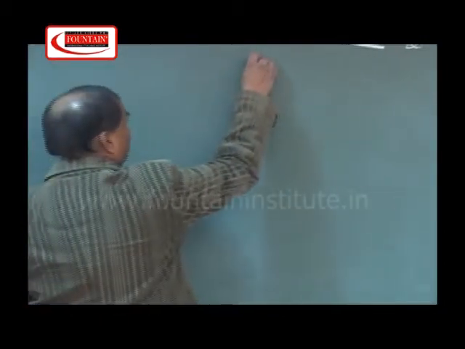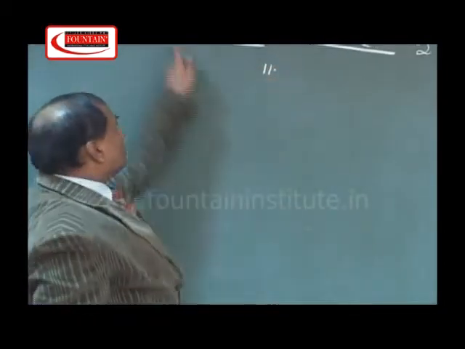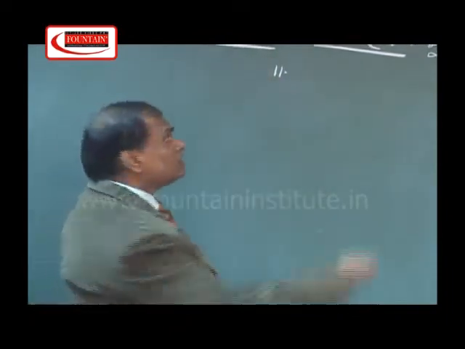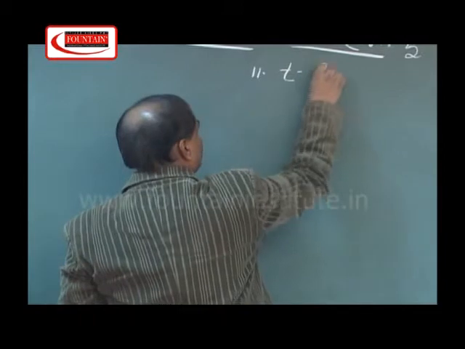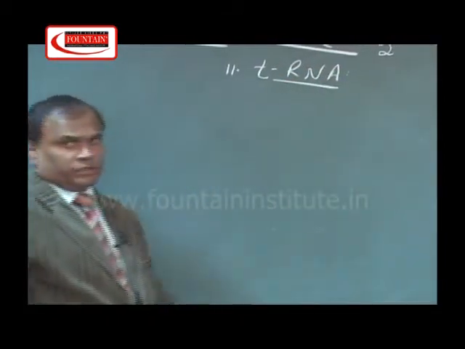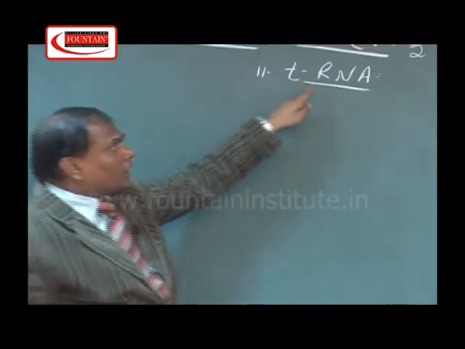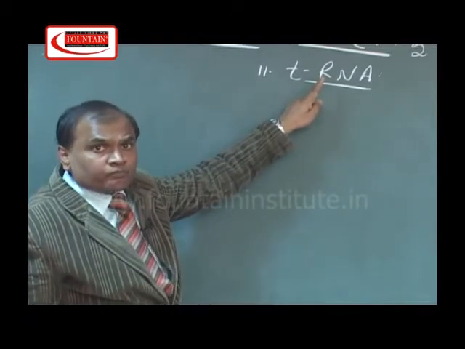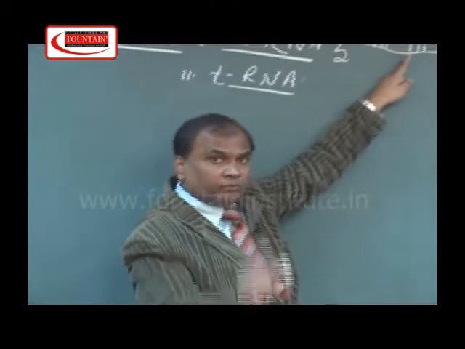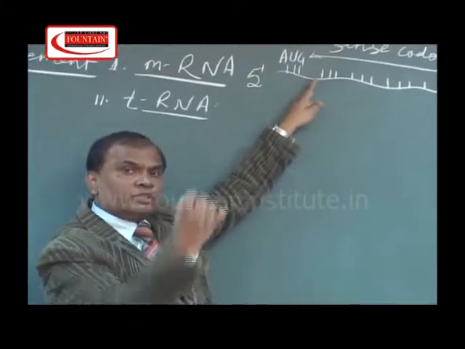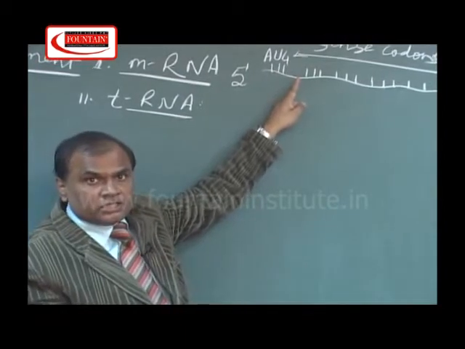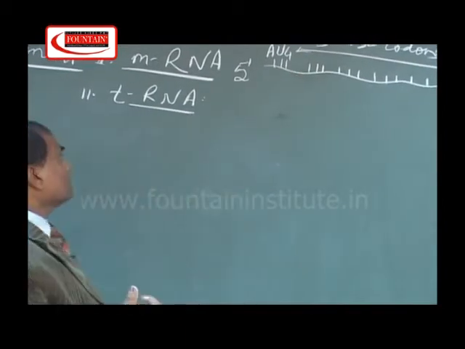Another important requirement of translation is the tRNA, the transfer RNA. Transfer RNA has the anticodon, and it reads the codon on mRNA and brings the amino acids from the cytoplasmic pool to the site of protein synthesis, that is the ribosome.